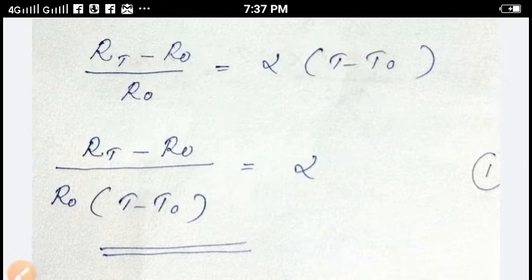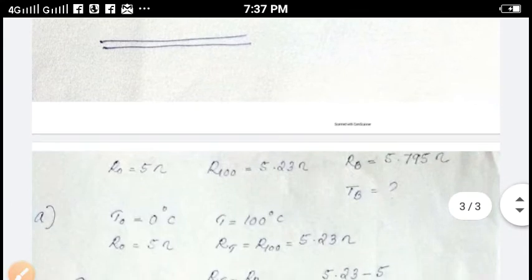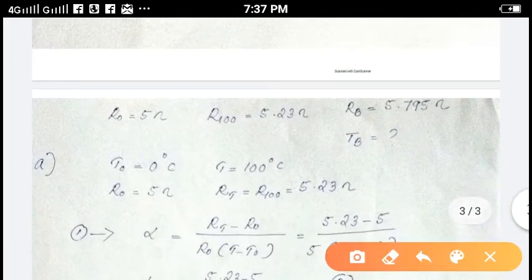Next, in this equation we need two resistance values, that is RT and R0, and two temperature values T and T0. So let us take two sets of temperatures and resistances. Before that, let us write all the values given in the question.